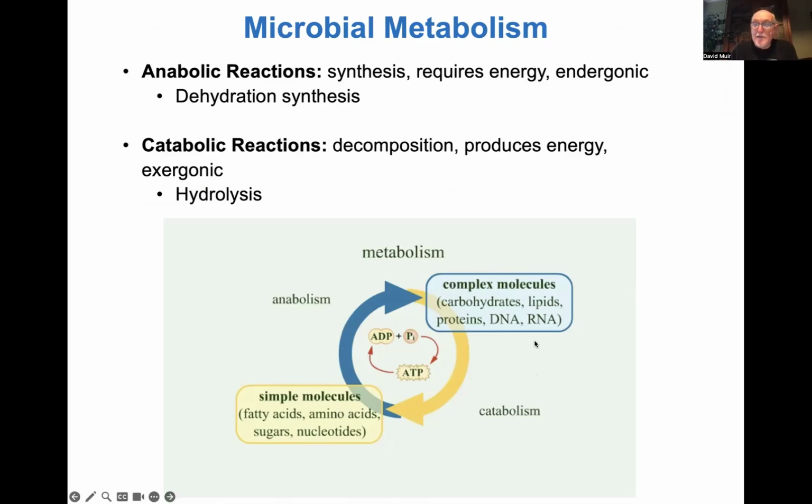In catabolism, we take complex molecules, break them down into smaller components, and extract energy from them. In anabolic reactions, we take simple molecules and, with the input of energy, we make more complex molecules.